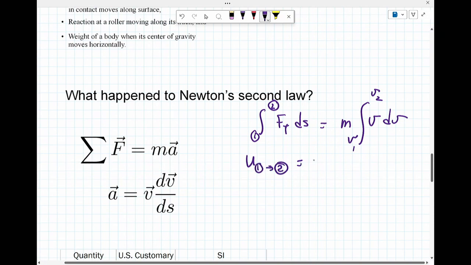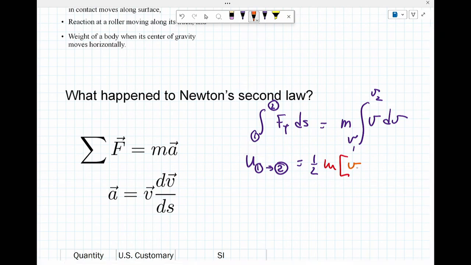This second term is more interesting, because now I have something in terms of velocity squared. So I have mass, velocity squared, and this 1/2 that comes out of the integral.